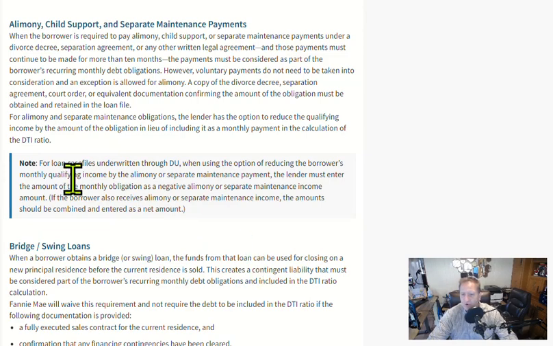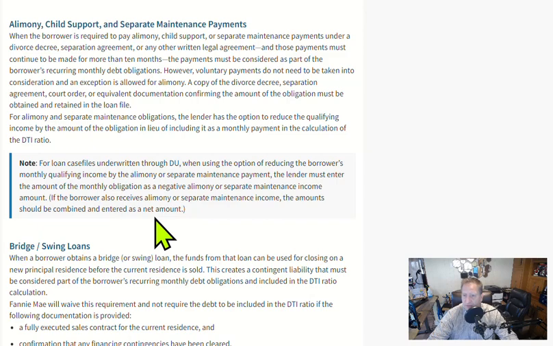Okay. For loan case files underwritten through DU, when using the option of reducing the borrower's monthly qualifying income by the alimony or separate maintenance payment, the lender must enter the amount of the monthly obligation as a negative alimony or separate maintenance income amount. If the borrower also receives alimony or separate maintenance income, the amount should be combined and entered as a net amount.